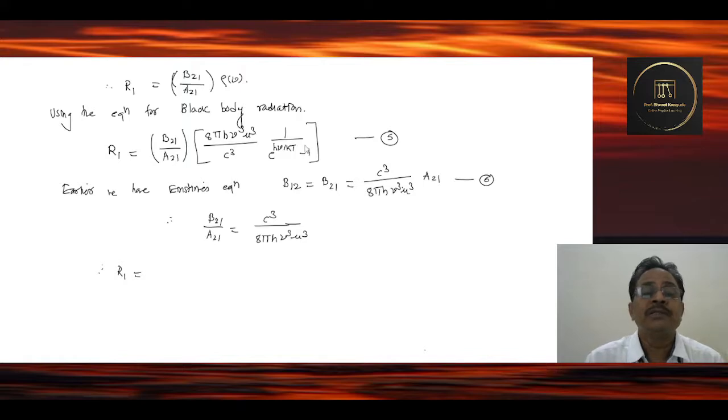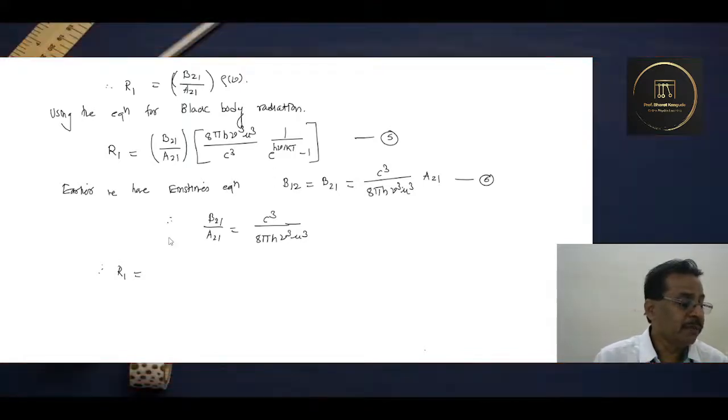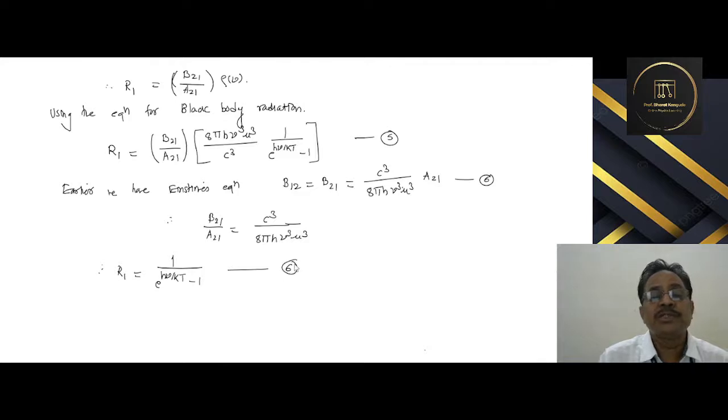So everything cancels except this, and therefore I'll get a very simple relationship. R1 is equal to simply 1 upon e raised to h nu upon kT minus 1, and this is my relation number 6 that tells me something very interesting.